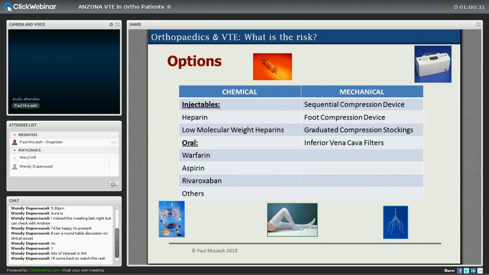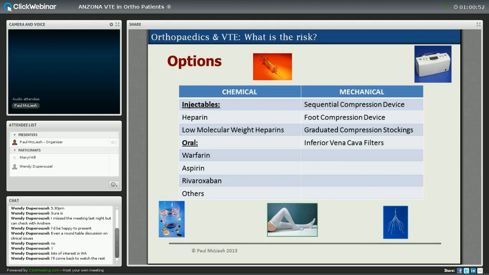There are some stockings that go above the knee and some that go below, and there were some interesting results in the CLOTS trial 2 that looked at the use of stockings with patients who'd had a stroke, and actually found that they weren't that effective for that patient group.